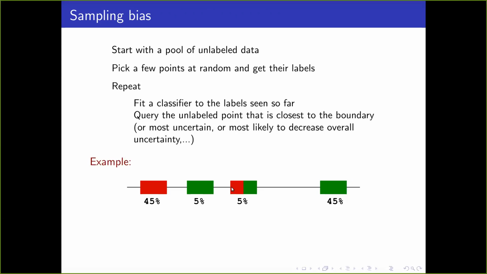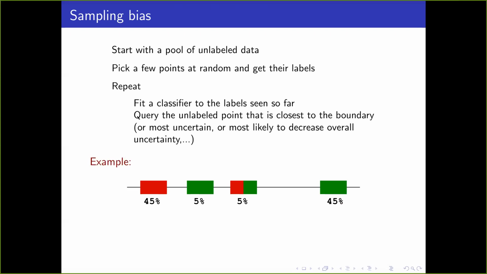So you query for the points nearest to the boundary, and you pin down the boundary, and then, unbeknownst to you, because you never queried it, there's this 5% pool to the side of green points. Okay, so that means your error rate is going to be 5%, which you cannot measure because you never labeled there.